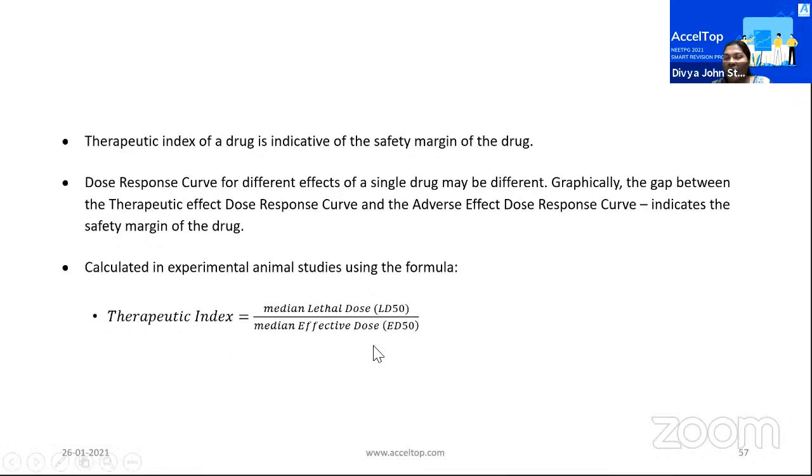So if I have a drug whose median lethal dose is 10 and the median effective dose is 5, even a twofold increase will make that drug toxic to the human or animal that we are using. But suppose the median lethal dose is 1000 and the median effective dose is 10, then I will have to increase the dose 100 times to make a safe drug poisonous. So that is the safety margin of the drug. Okay, so that is therapeutic index.